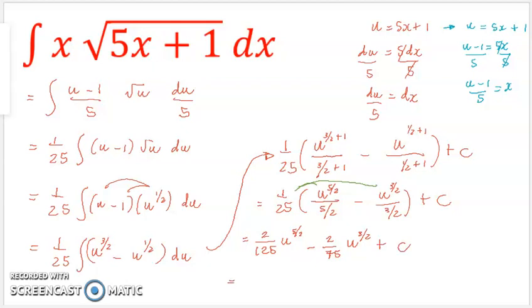At this point, we can replace the u's with 5x plus 1. And we have 2 over 125 times 5x plus 1 raised to 5 halves minus 2 over 75 times 5x plus 1 raised to 3 halves plus c.